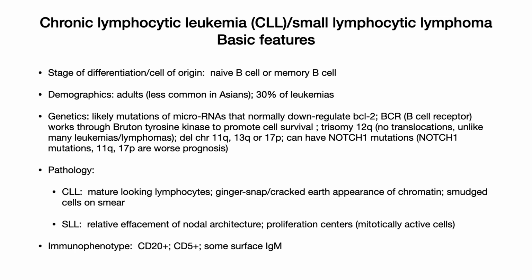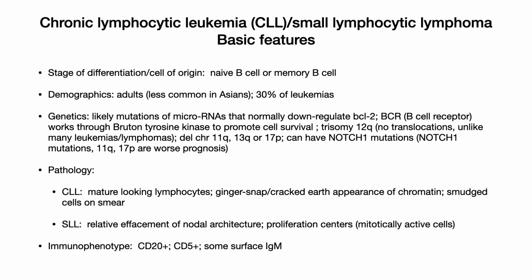And then CLL are mature-looking lymphocytes. This one I showed you before with the heterochromatin, and they describe the nucleus as a dried cracked earth or a ginger snap appearance. And then SLL has effacement of the lymph nodes, kind of like mantle cell, but it has proliferation centers, which are mitotically active cells, which mantle cell does not.